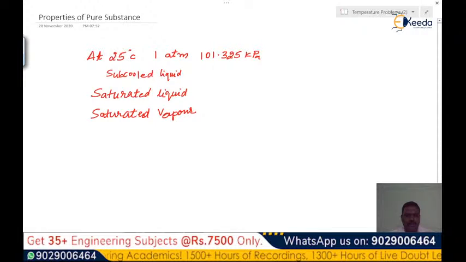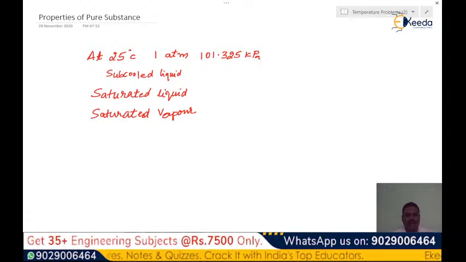It is called as saturated vapor, and at that point, that is completely changed. That water in the liquid phase is completely changed into vapor, and that is called as saturated vapor state.